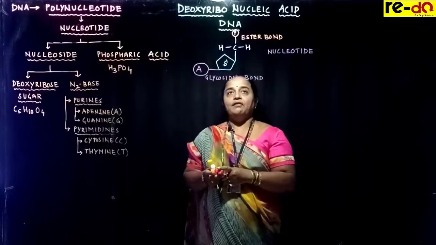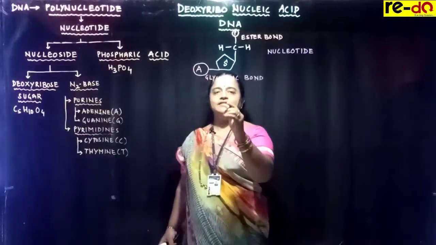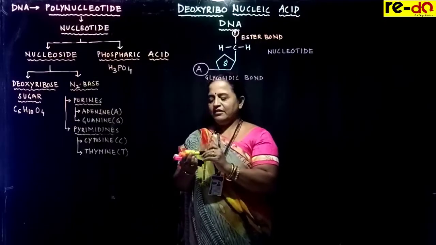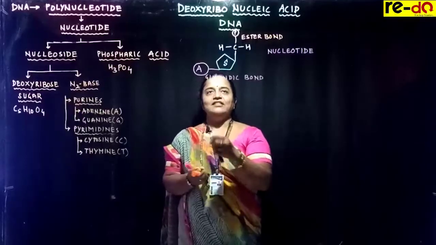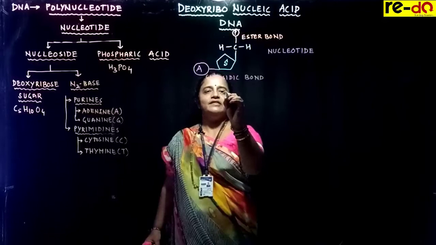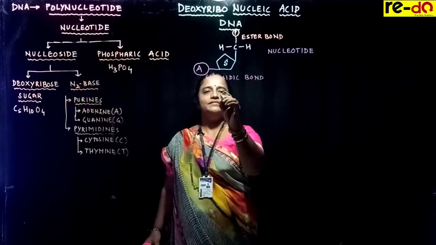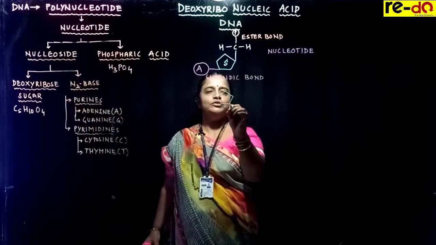Now, let us consider the adjacent nucleotides. Next sugar, polymerization initiated. This is a pentose sugar.